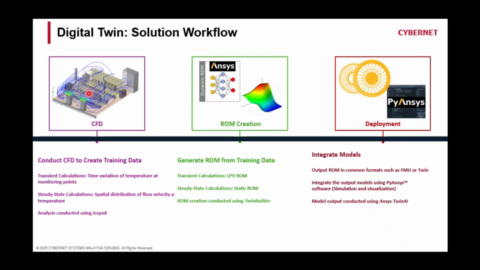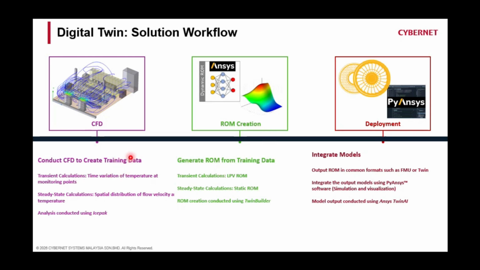What is the temperature profile or the velocity profile across these 10 minutes, right? Those data, as well as the steady state, which doesn't consider the time effect, are also essential for you to know the flow field and the temperature. In this case, we're actually using Icepak, which I'm going to talk about later. This is just an overview.